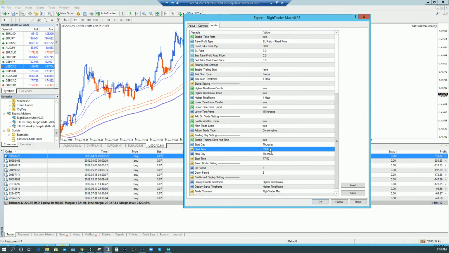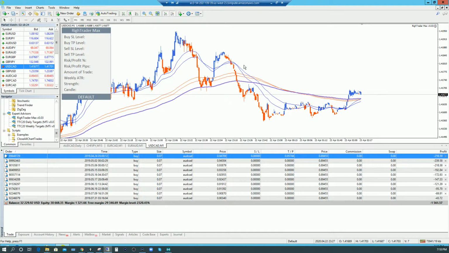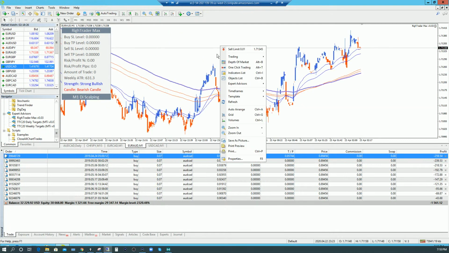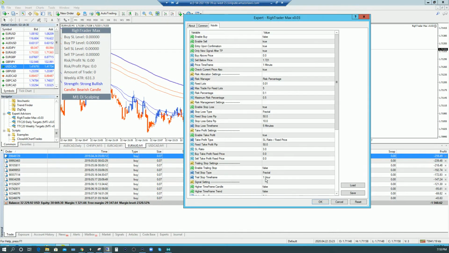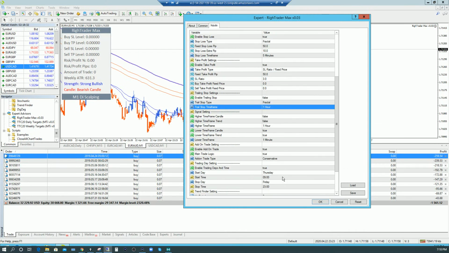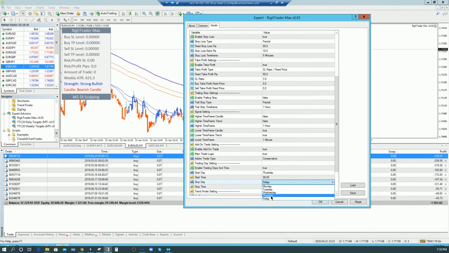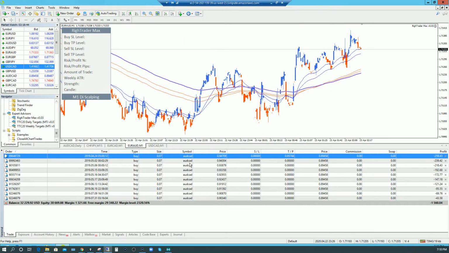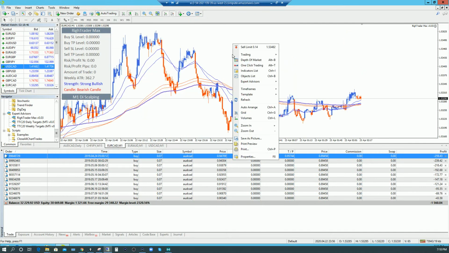I'm going to set these parameters on the others as well. So I'm going to go ahead and set that in and push OK. Let me double check this as well. I'm going to add this to this as well. I just figured that this may be worth adding. So there we go, Thursday, and this is at 1700 hours. So I'm going to trade between those hours, and then the same thing for the Euro CAD right here.